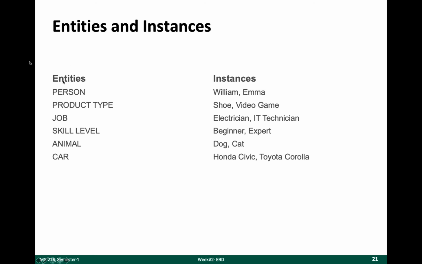Obviously in databases, we want to store values of these instances, but that table or the data would be represented as one entity that we want to store information about jobs. And then these jobs could be electrician or IT person or electrical engineer, right? So these are entities and instances.